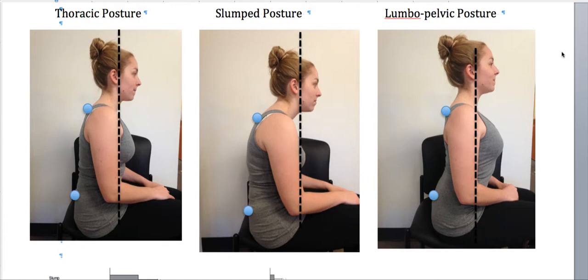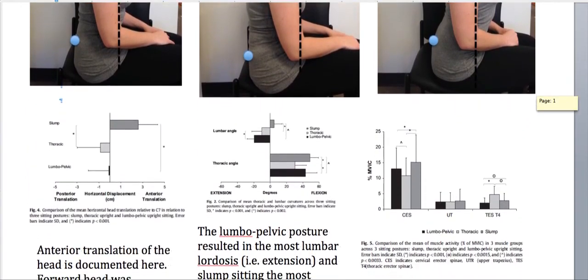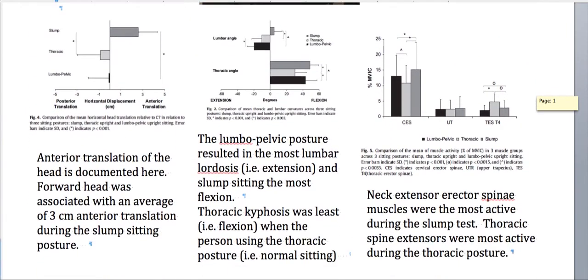And if we look down here, we can see the results of the study, and we have the data for each one of the postures. Essentially the change in position with slumping was about 3 centimeters as compared to a control position. And then it went the opposite direction for the thoracic spine. The head moved backward 1 centimeter. And then for the lumbopelvic, there was no change relative to the reference position.